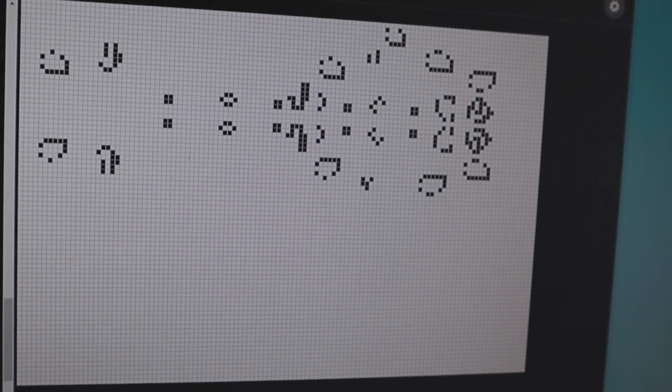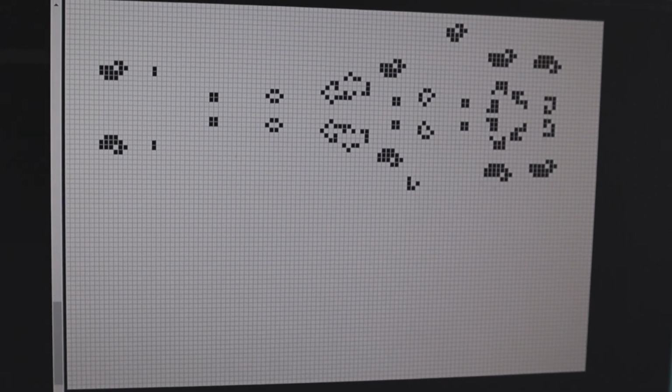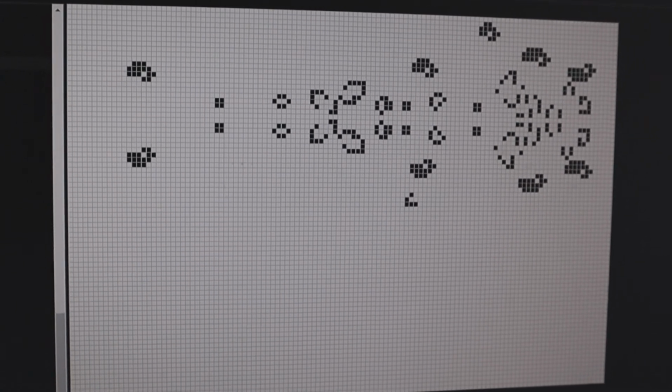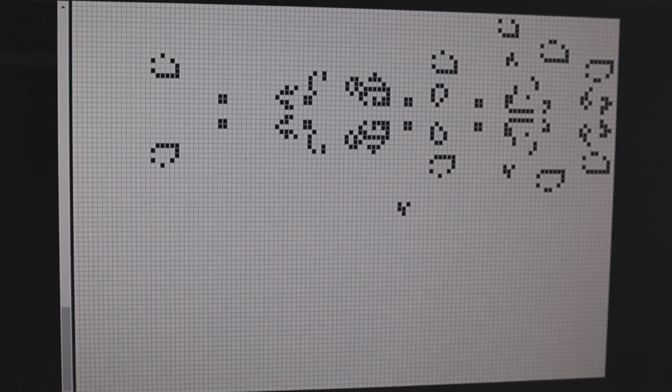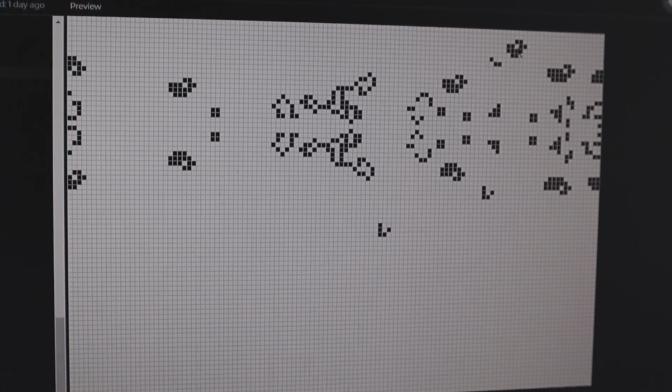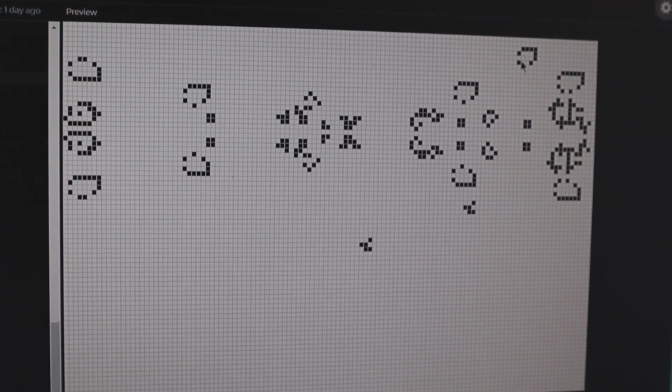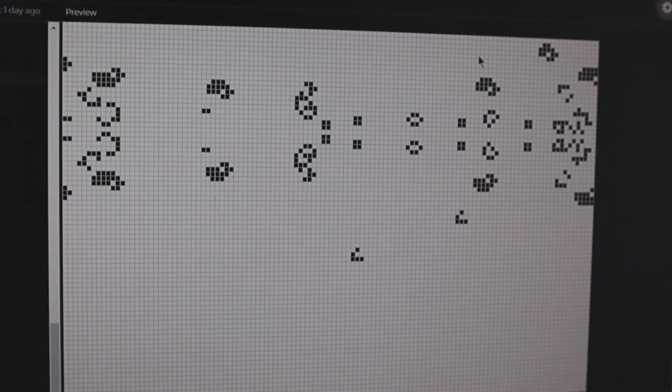Anyway, it works. So you can see the gliders get produced, and this lightweight spaceship eats up the gliders that come from the top.